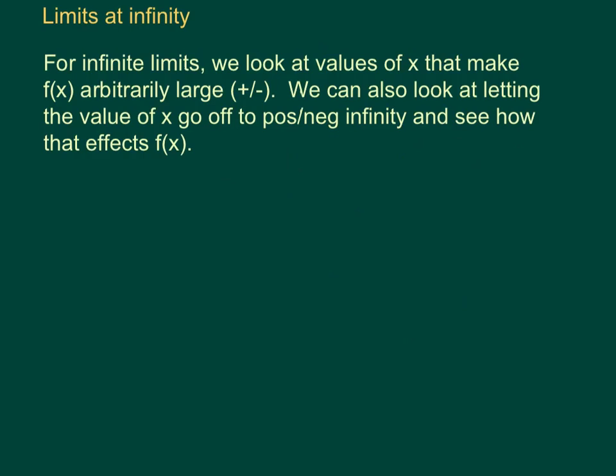So for this particular one, let's just talk about a particular function f of x. What if we consider f of x equaling x squared minus 1 over x squared plus 1? One of the things that you might right off the bat see is that the numerator factors to x minus 1, x plus 1, but in fact that's not going to help us in terms of looking at the limit.